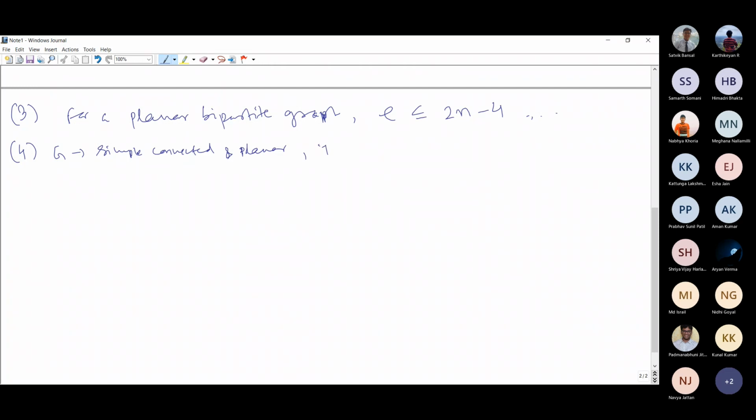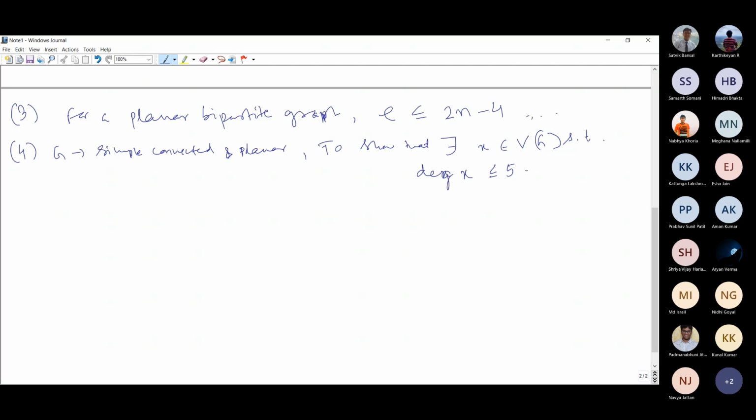So you have to show that there exists a vertex x in the graph such that degree of x is less than or equal to 5. This is what you have to show.